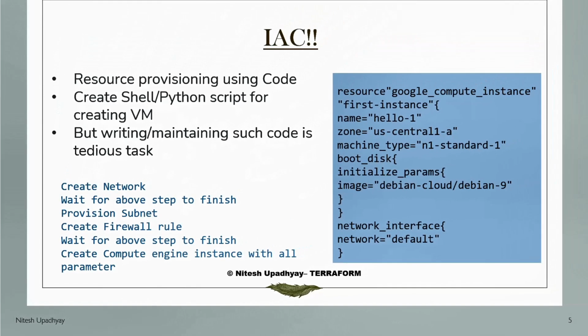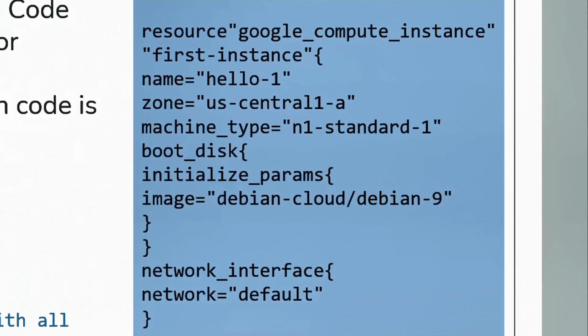So maintaining this type of code is a tedious task, and there comes Terraform, a unique approach to interact with multiple cloud providers. Here if you see on the right side, there are lots of things Terraform will take care of, and it has its own HashiCorp programming language where in a very neat fashion you write code which manages everything like creating network, subnet, firewall, and the dependency between the different resources.